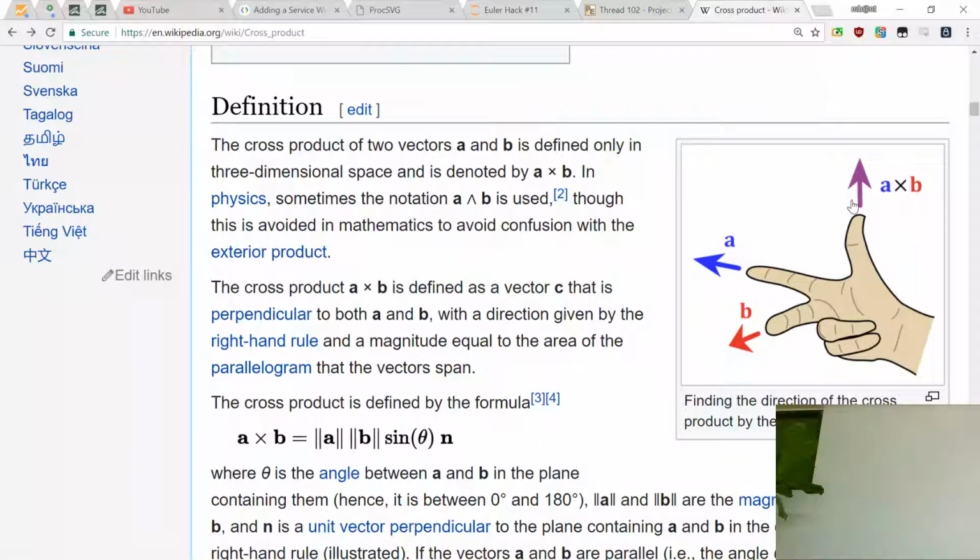Yeah, the vector is AB and AO, so not between the points, but towards the origin.